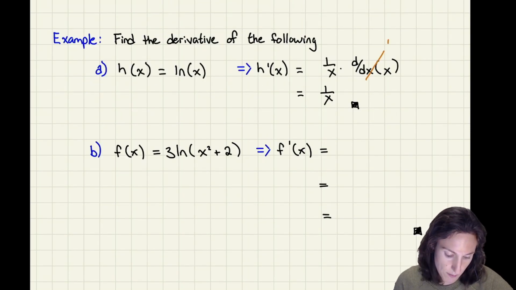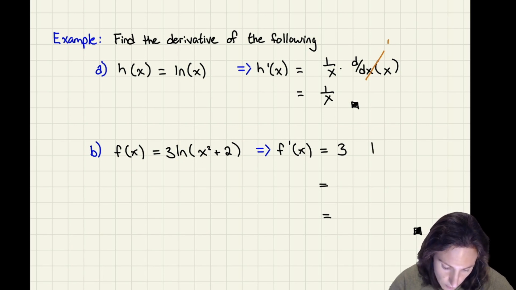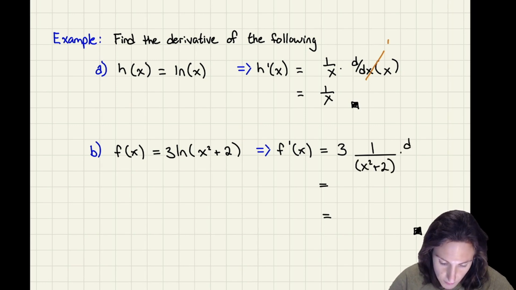Now let's do this example. So the 3 out front, remember, the 3's can be factored out, if you will. And then we're going to go d dx of this ln. Now for ln, what's the rule? Well, we go 1 divided by whatever is in the ln. And then at the top, we want to go d dx of whatever's now at the bottom, so x squared plus 2.